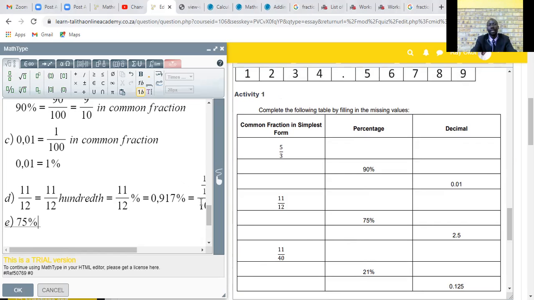which is the same as 7,500. And because of that, we could still write it as 7,500. And after writing it like that, we therefore want to write it in fraction.